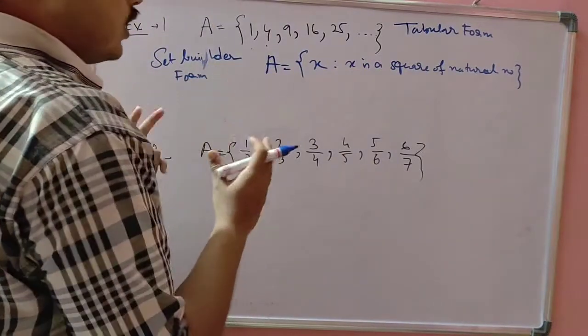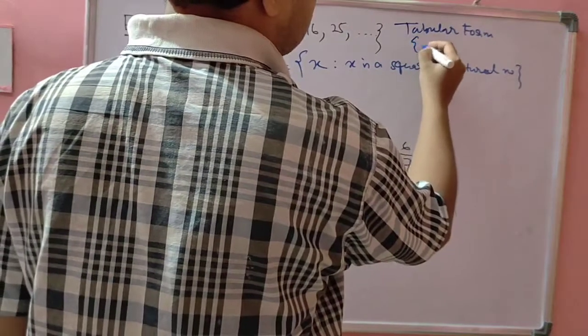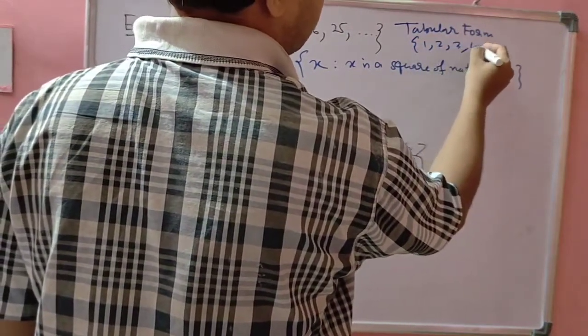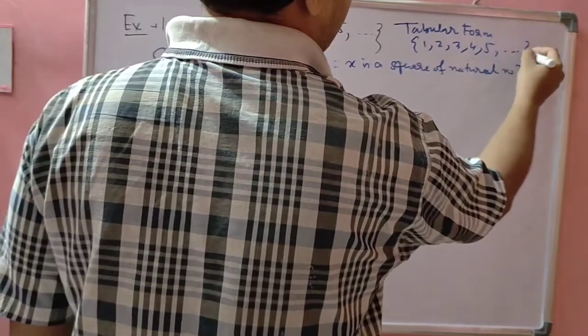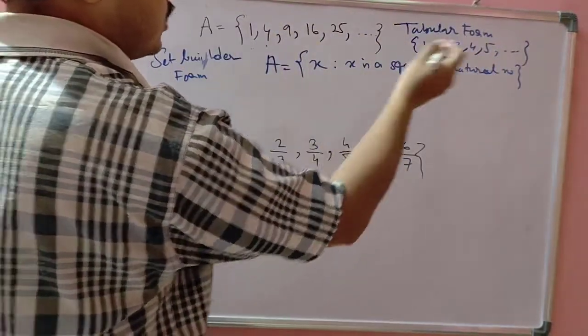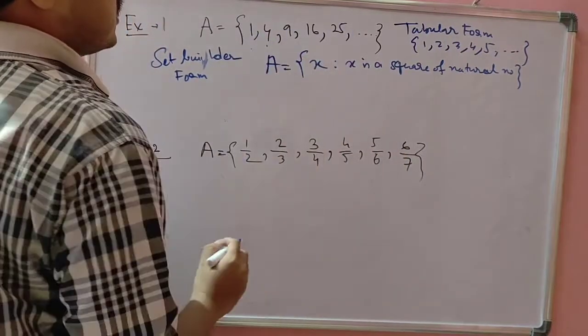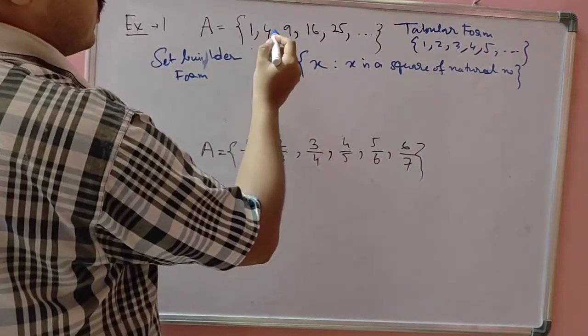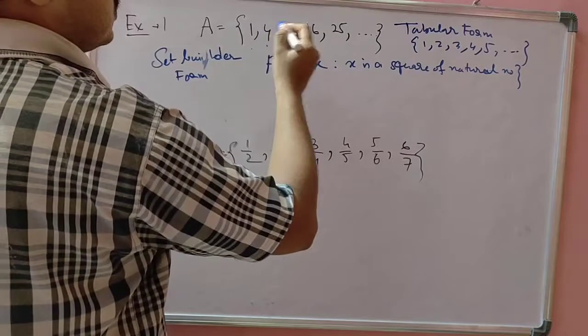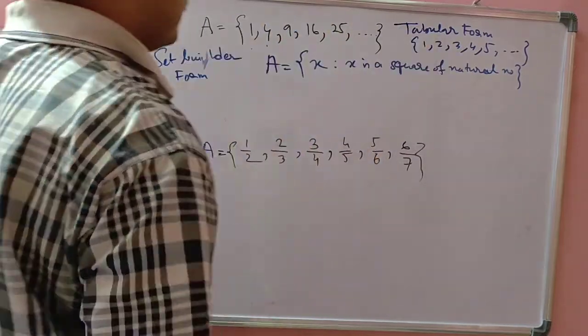If you take the natural number set 1, 2, 3, 4, 5 and square every element, then you will get this set. The set is 1, 2 square, 3 square, 4 square, 5 square.